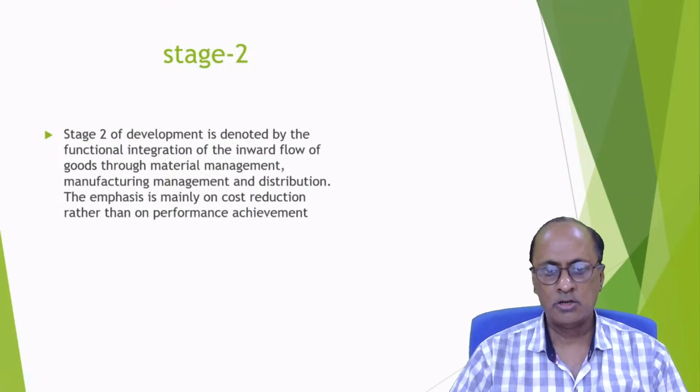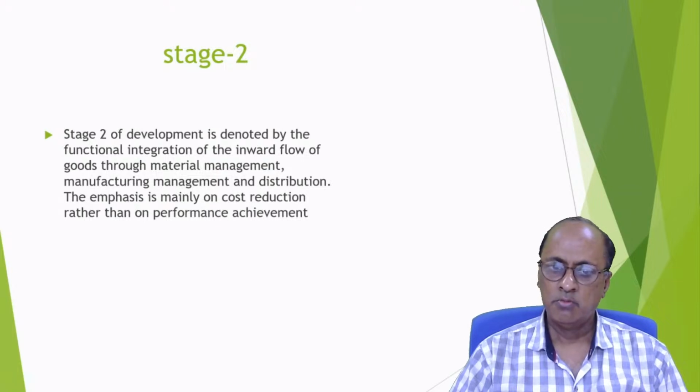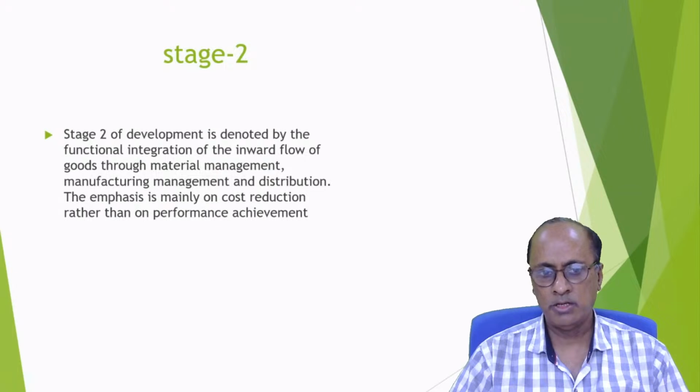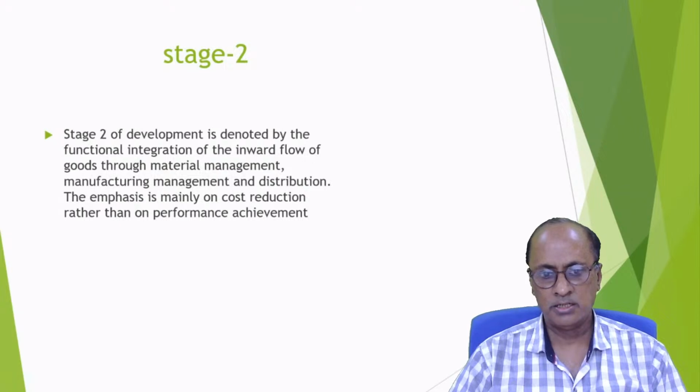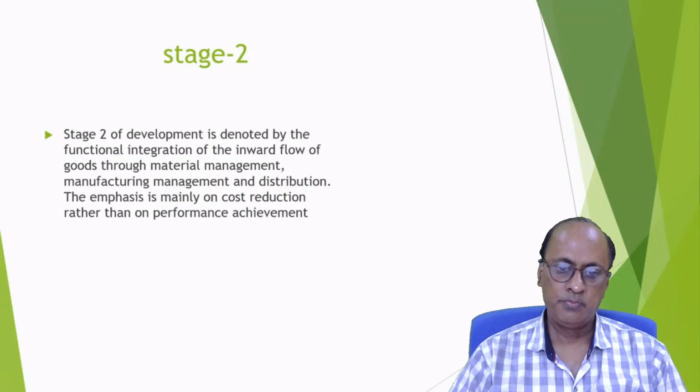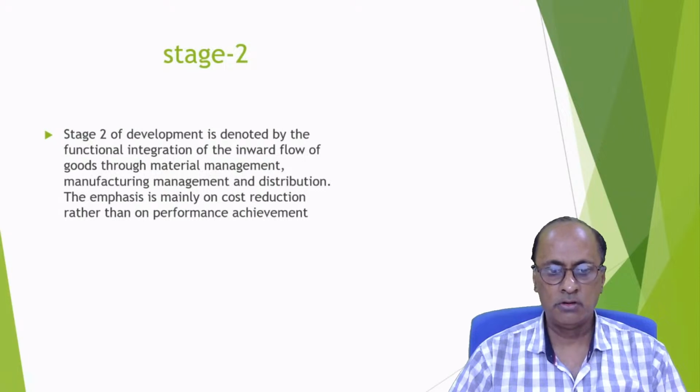That means how cheaply we can move the materials, the inward flow of goods from the supplier to the manufacturer, and from the manufacturer to the distribution units. Here, we don't look at the performance of each task center. Rather, we see how cheaply we can make the inflow and outflow of goods in a supply chain.